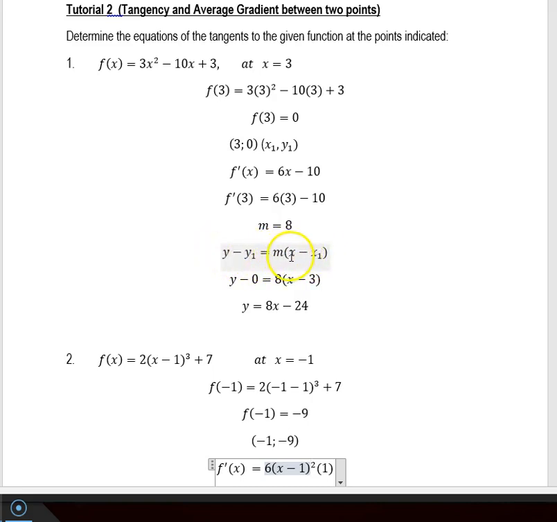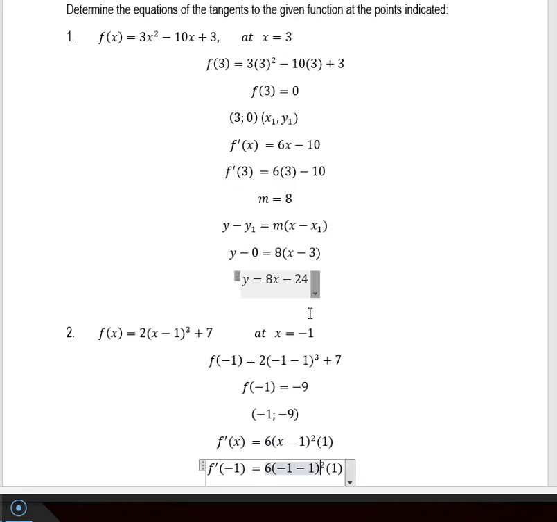The x and y values there will be constant, and that means I need to substitute for y1, which is going to give me 0 there, and I'll substitute for x1, which is going to give me 3 there. And my m, which is my gradient, will be 8. So that's my substitution. Open the brackets and make y the subject. So y will be equal to 8x minus 24. That is the line that is tangential to the curve at that point.